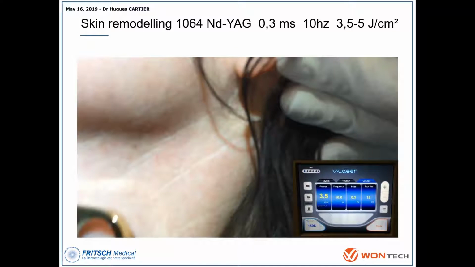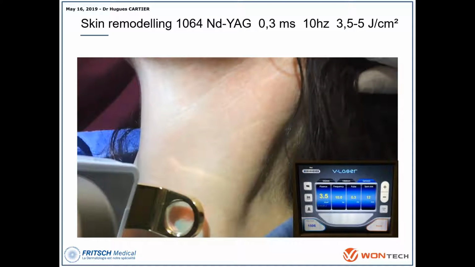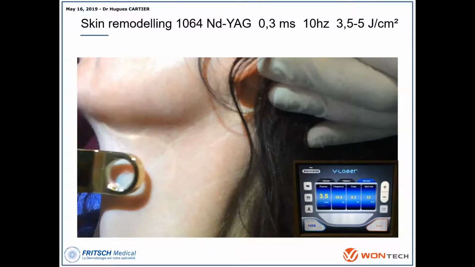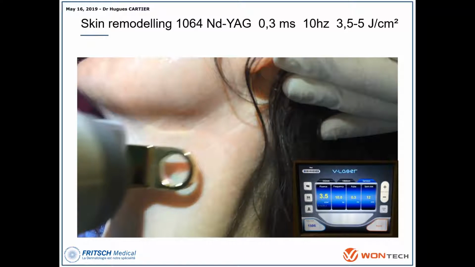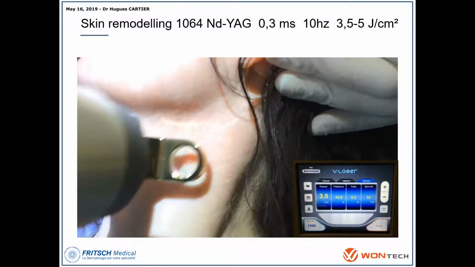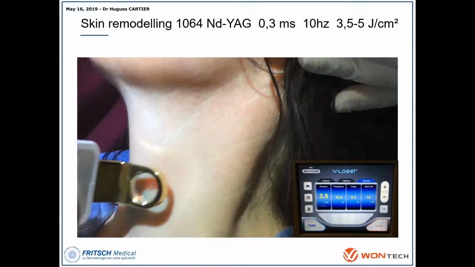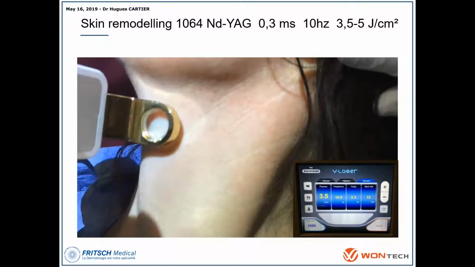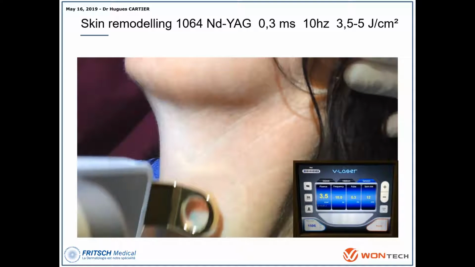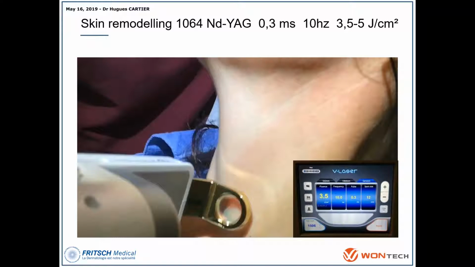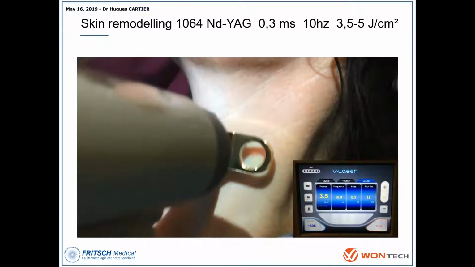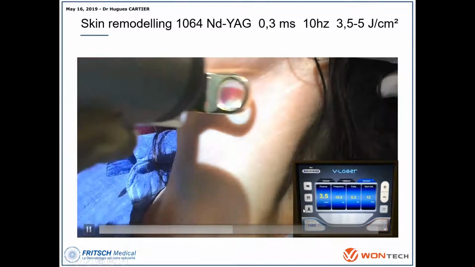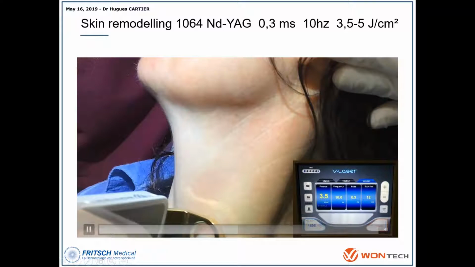It's a fast motion, and the purpose of this treatment is to treat the whole area and to induce a thermal effect. In this part of the area, I put 3.5 fluence, frequency 10 Hertz, 0.3 ms, spot size 12, and I do 1,500 shots only in this area.